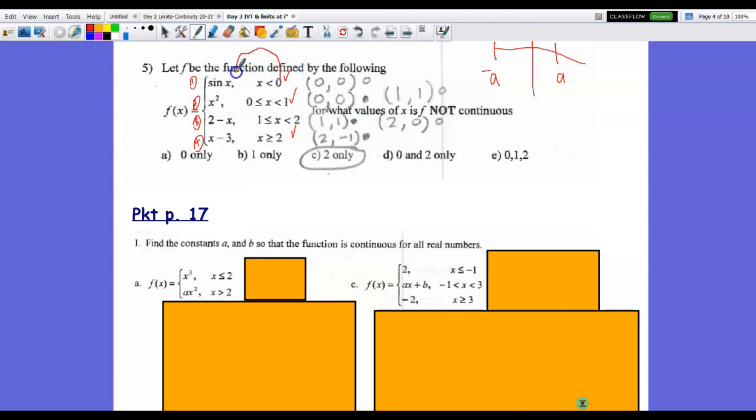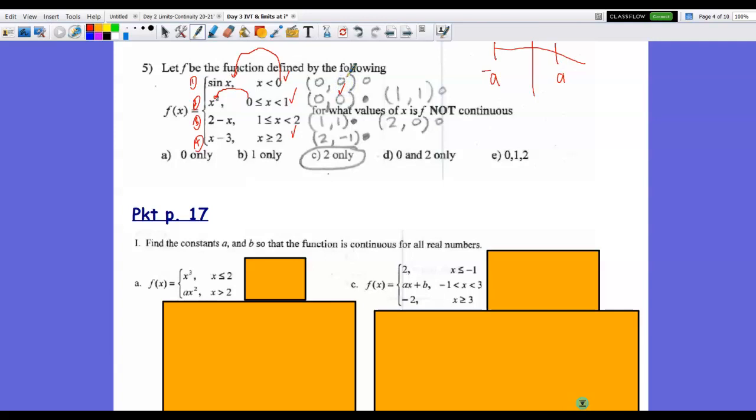So input 0: it's not equal to, the sign of 0 is 0, open circle, because not equal to. 0 substituted into x squared gives me 0. It has an equal to, so that's solid. So I have continuity because from the left and from the right, I'm approaching the same y value. So the limit exists, the y value exists, and they equal each other. I can see that right there.